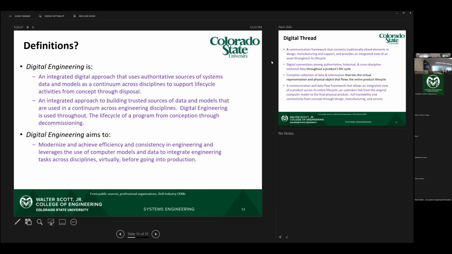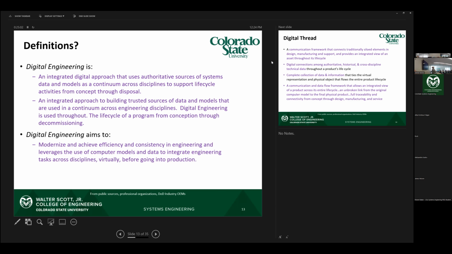Okay. So here are some definitions of digital engineering. None of these are perfect. These all come from public sources on how they actually define digital engineering. You'll notice that there are some really interesting parts of it though. It's integrated, it's digital, it goes throughout the whole life cycle.